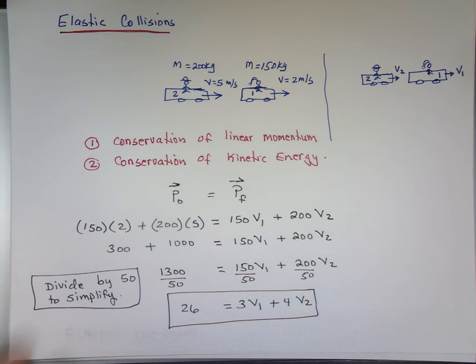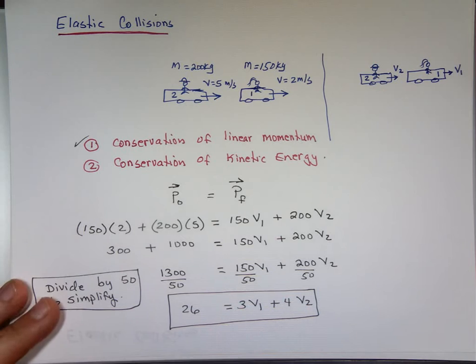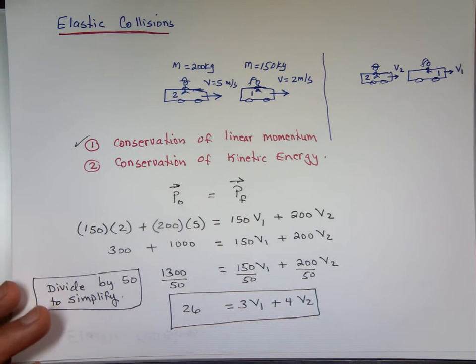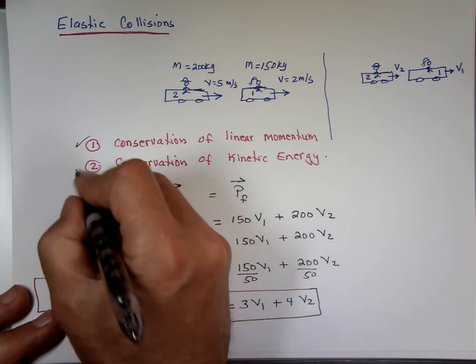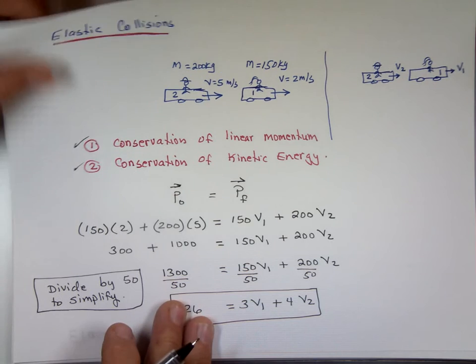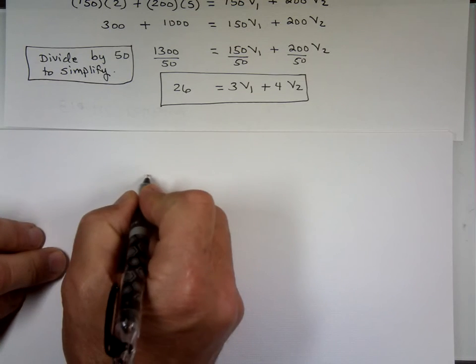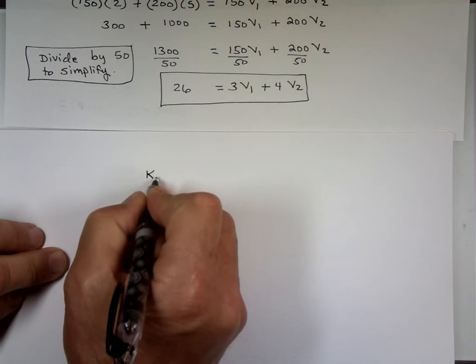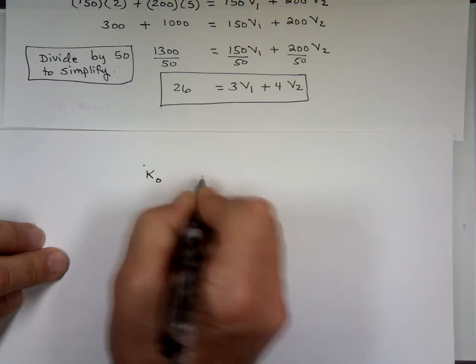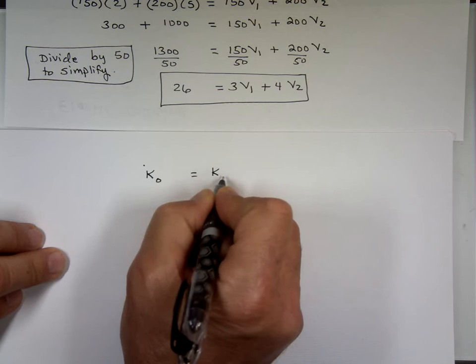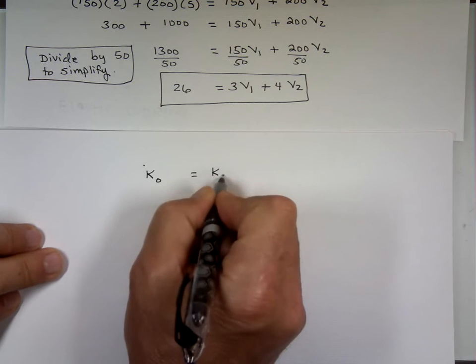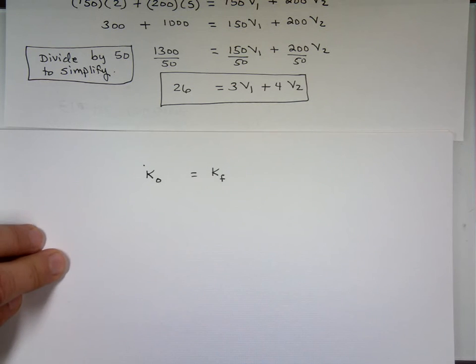So I did use conservation of linear momentum. Now I got to use conservation of kinetic energy. Kinetic energy, which is what? The kinetic energy before should equal the kinetic energy after. Let's look at the kinetic energy now.